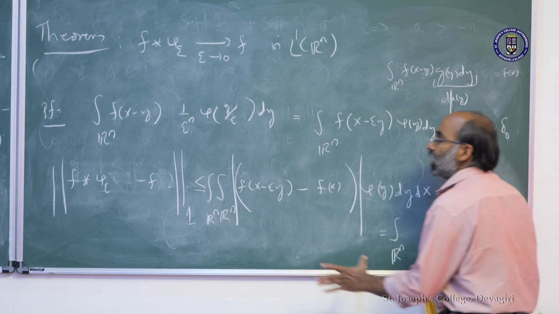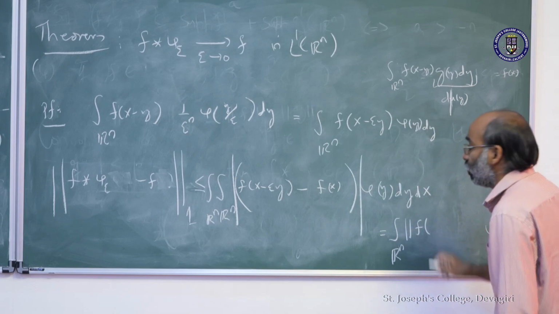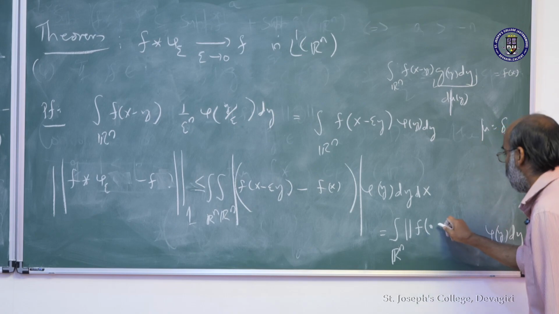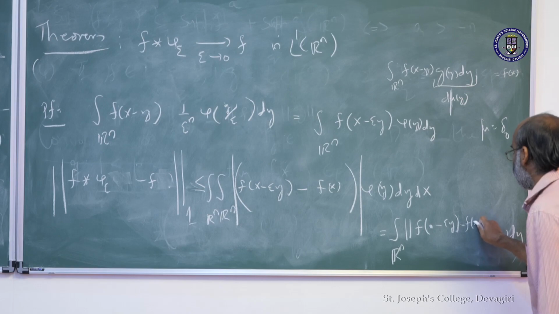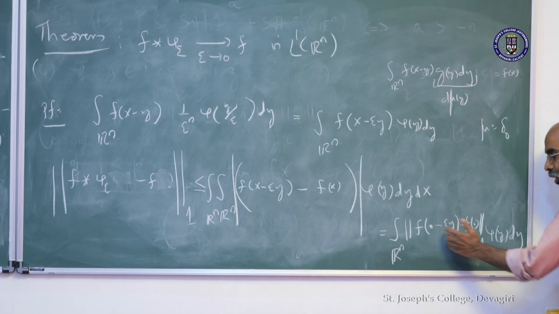What do I get? I get the L1 norm of this function. So, let me write this as the L1 norm of f of dot minus epsilon y, minus f of dot. It is the L1 norm in the dot variable.